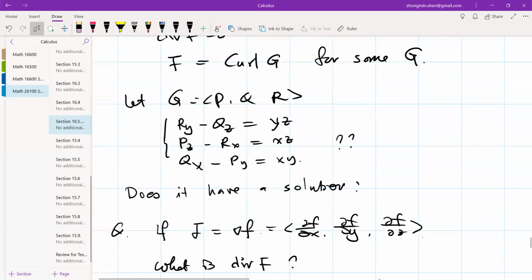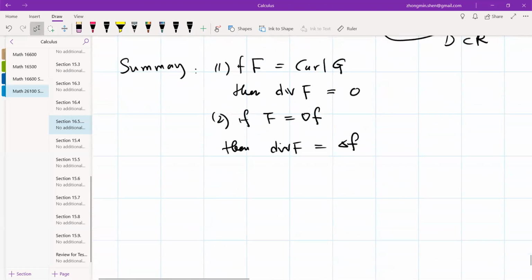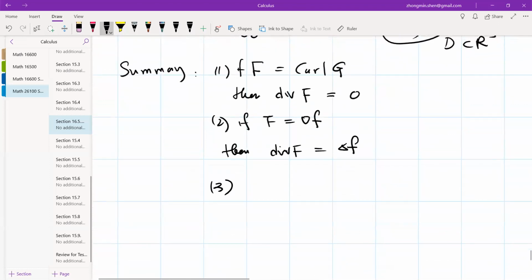The third point is, if f is the gradient of little f, that means conservative, then the curl of f is going to be 0.